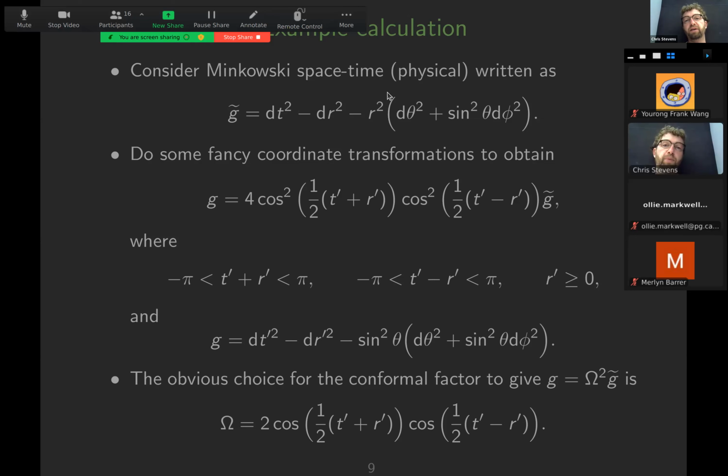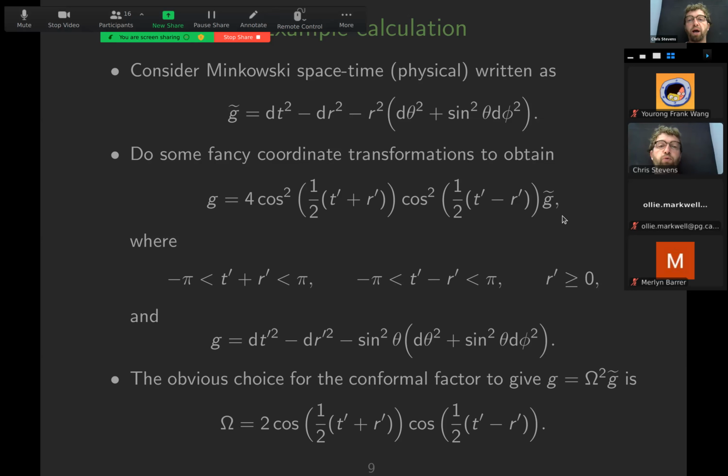Because at the moment, if we let R go to infinity, this thing is going to blow up. So we need to write it in such a way that if we multiply it by some judiciously chosen function squared, we get a nice metric that does not blow up at R equals infinity. This coordinate transformation, which is not really important, gives us new coordinates T prime, R prime.